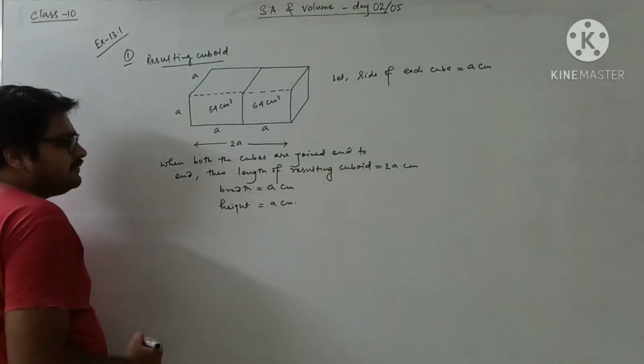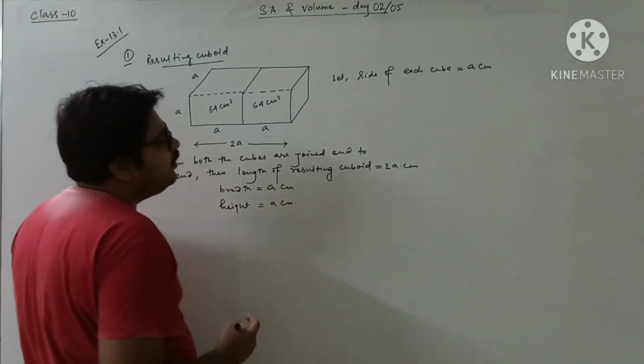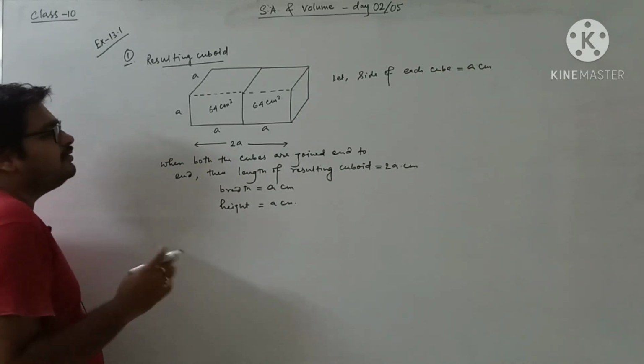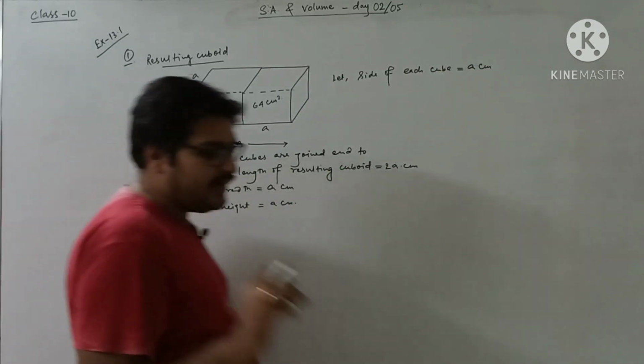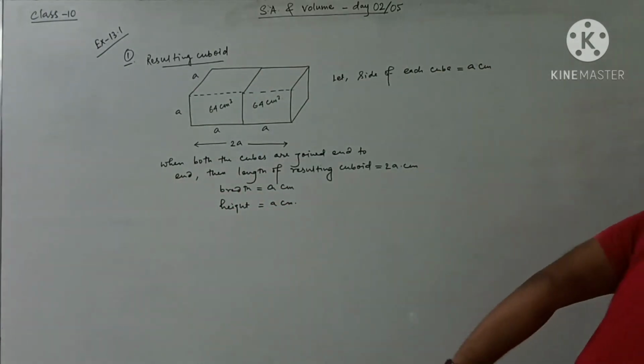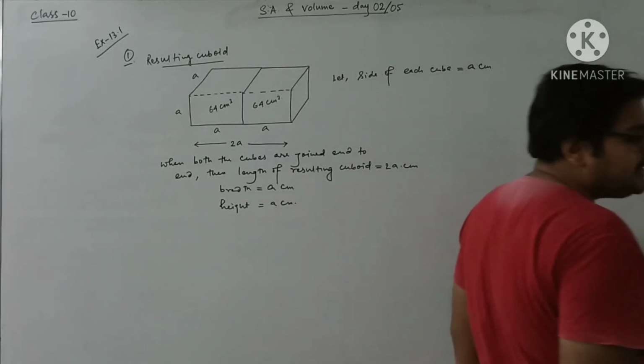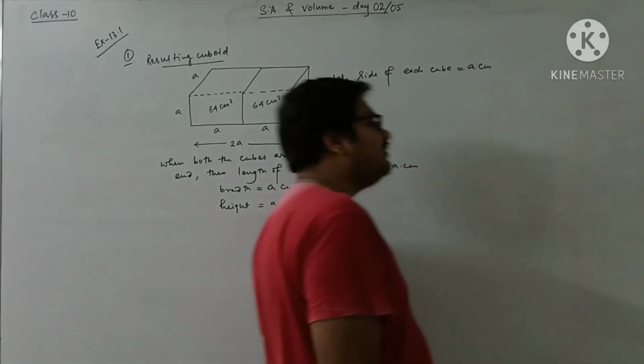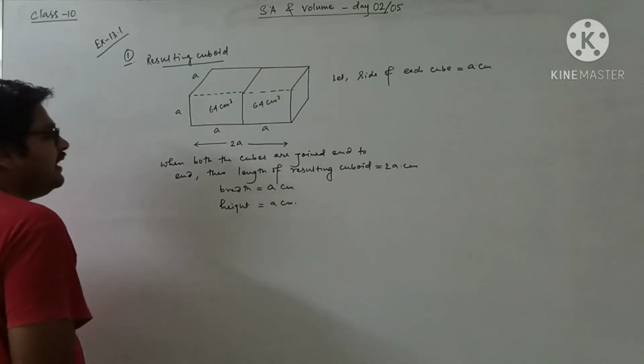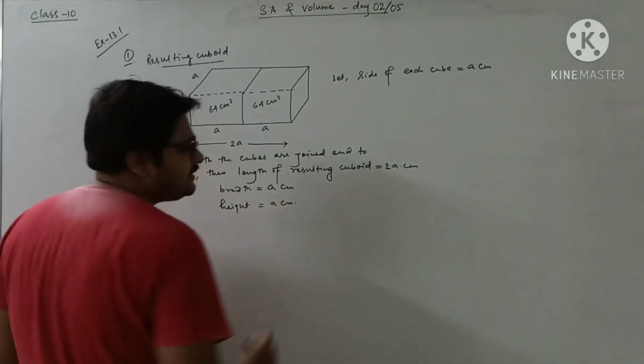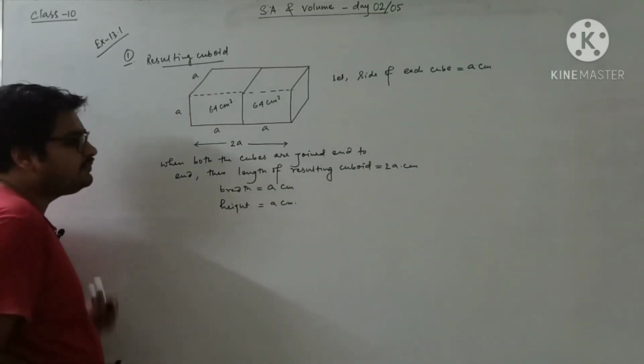So now we know the formula to find out the volume of the cuboid. The question is to find out the surface area of the resulting cuboid. To find it, I need to find out the value of a first. Correct?